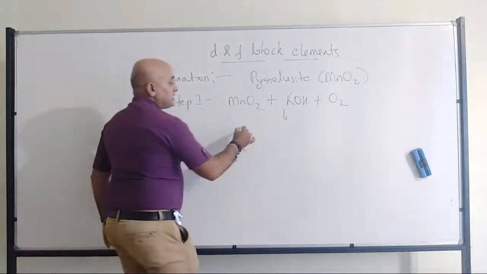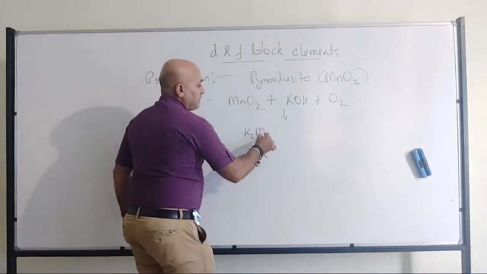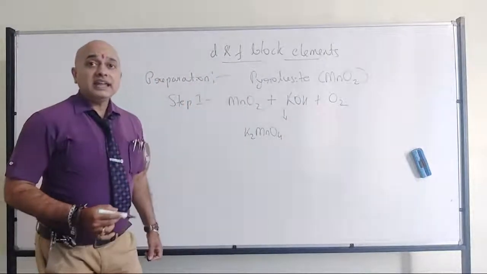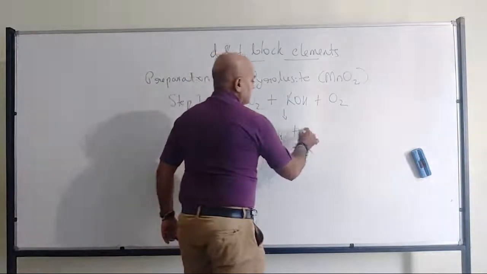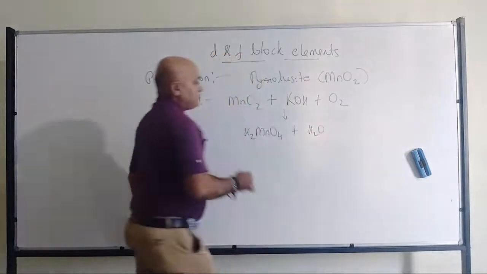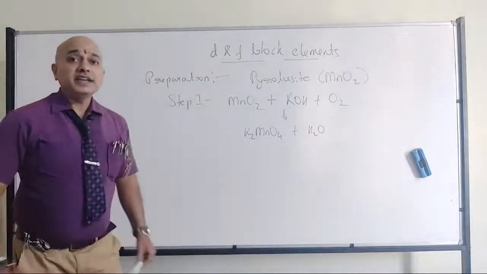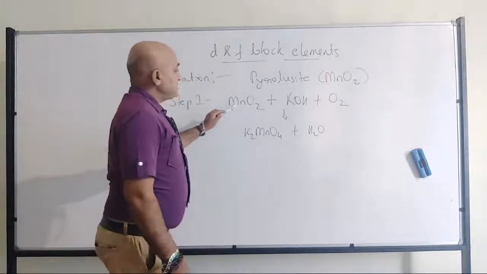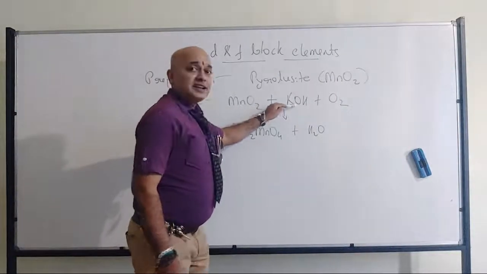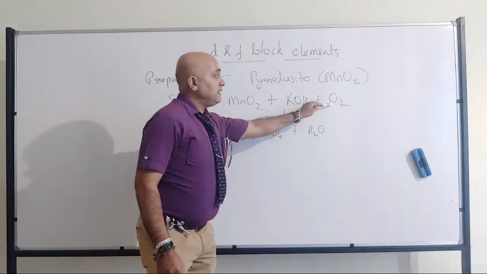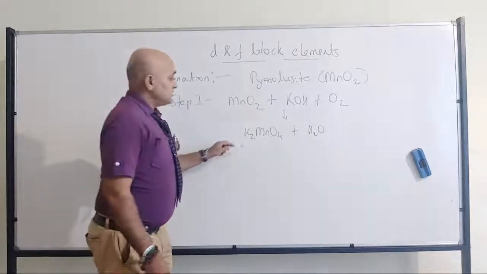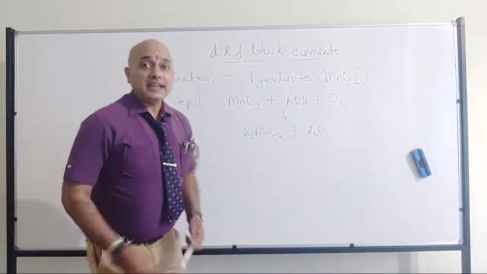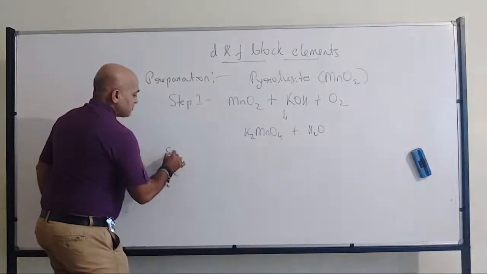They will get converted into K2MnO4, that is potassium manganate, plus water. I have not balanced the equation because we have already discussed. So pyrolusite, that is manganese oxide, when treated with potassium hydroxide in the presence of oxygen, will get converted into potassium manganate. That was step 1.